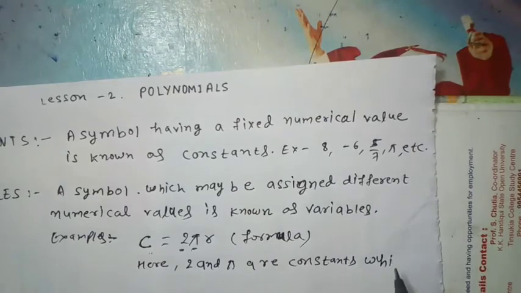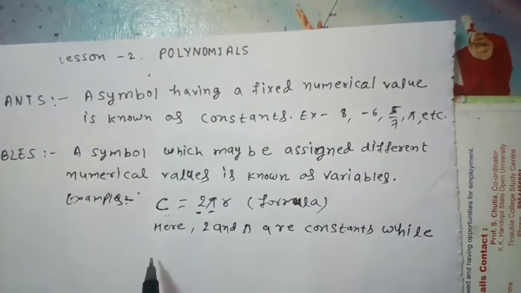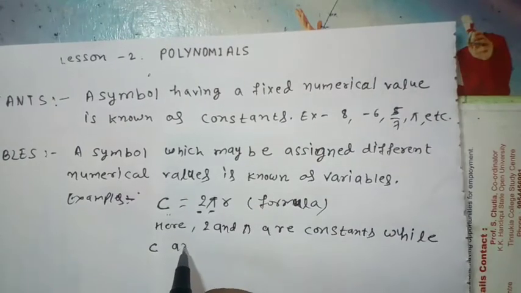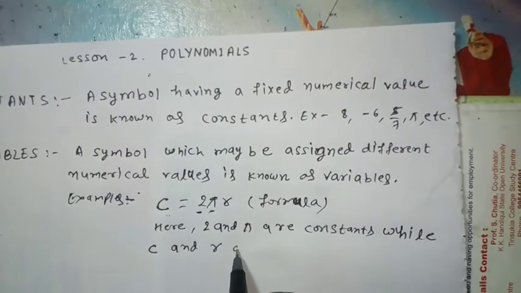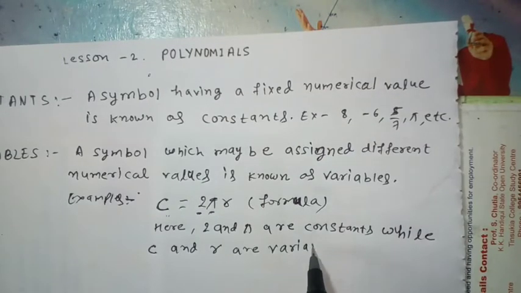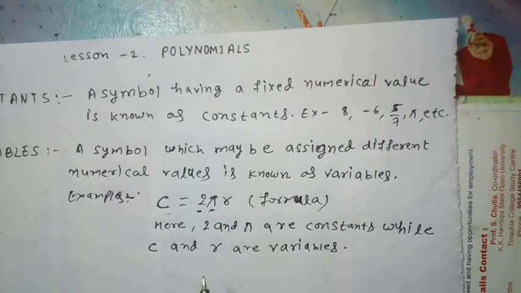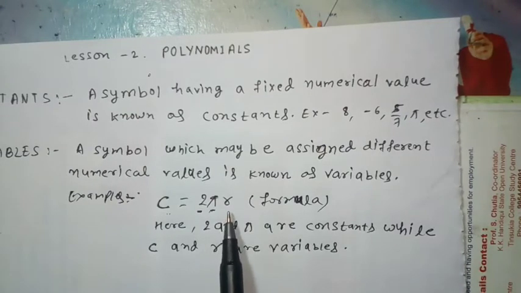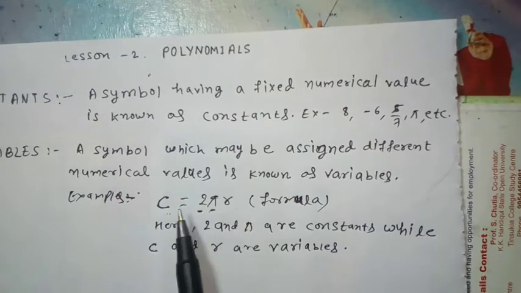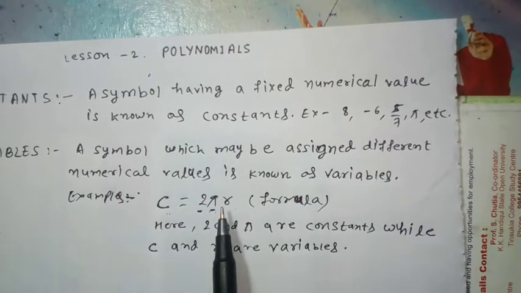while c and r are variables, because if r is 1, then c is 2 pi, but if r is 2, then c is 4 pi.